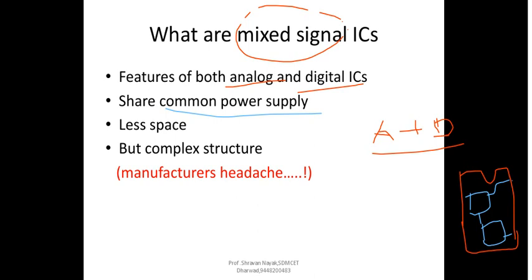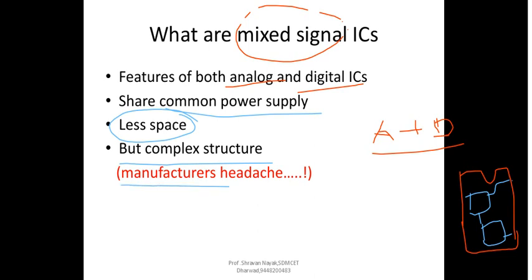Having a single power supply reduces a lot of space. So you can realize a complicated operation in an IC, both analog as well as digital types, within a smaller IC. But unfortunately, and this is the limitation, it will have a complex structure. Realizing an analog IC and a digital IC in a single IC is going to be difficult and complex, and that is only for the manufacturers.